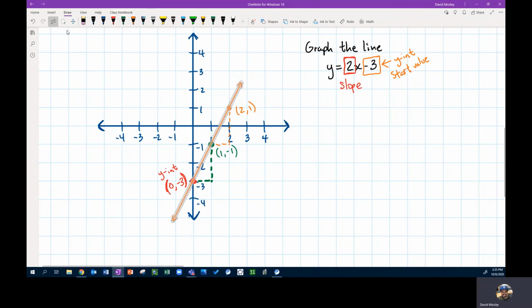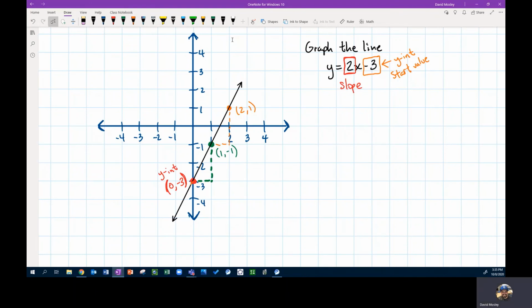And so there's my line. So this is the line for the equation y = 2x - 3.